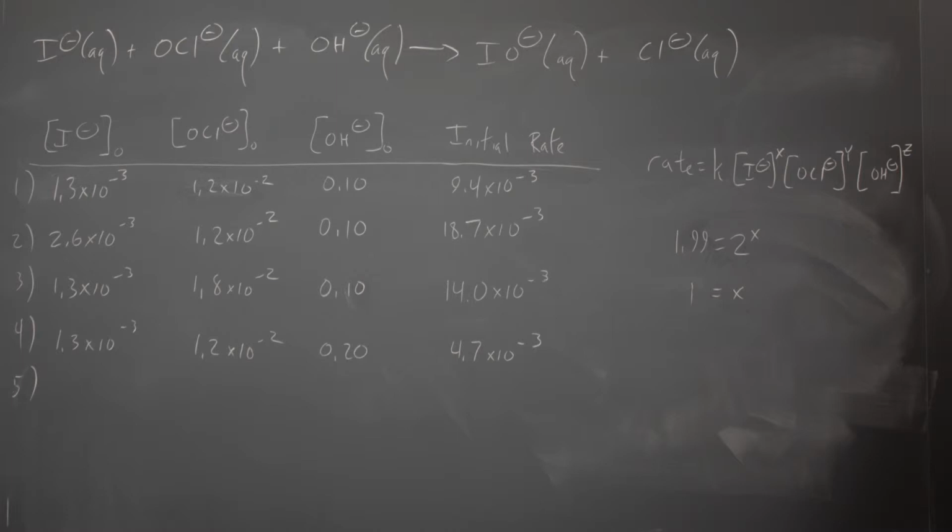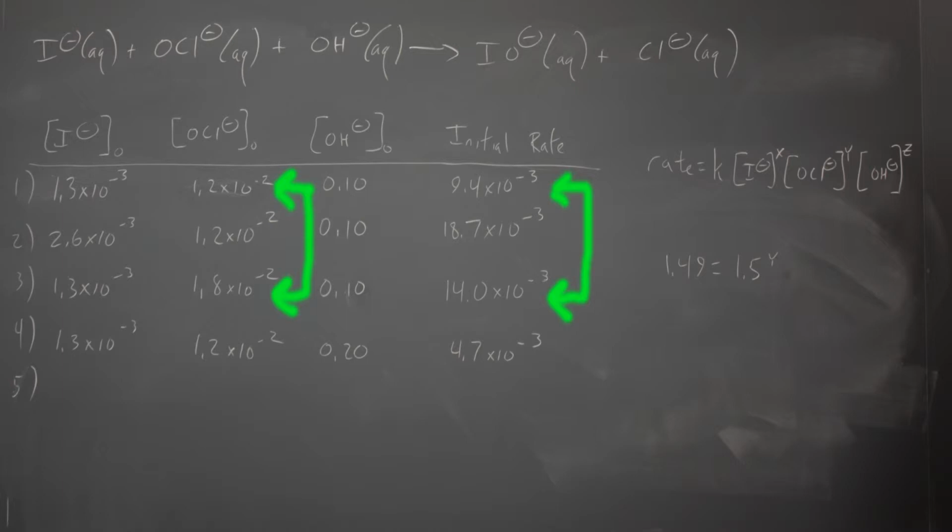We can do a very similar procedure for the reaction order for the OCl minus ion. If you notice trials 1 and 3, that concentration has changed where the iodide concentration and the hydroxide concentration have not, and the rate goes up. But in this case, they decided not to be nice to us by using nice even numbers in concentration change. The concentration here goes up by 50%, so a 1.5-fold change, a 1.5 multiplier.